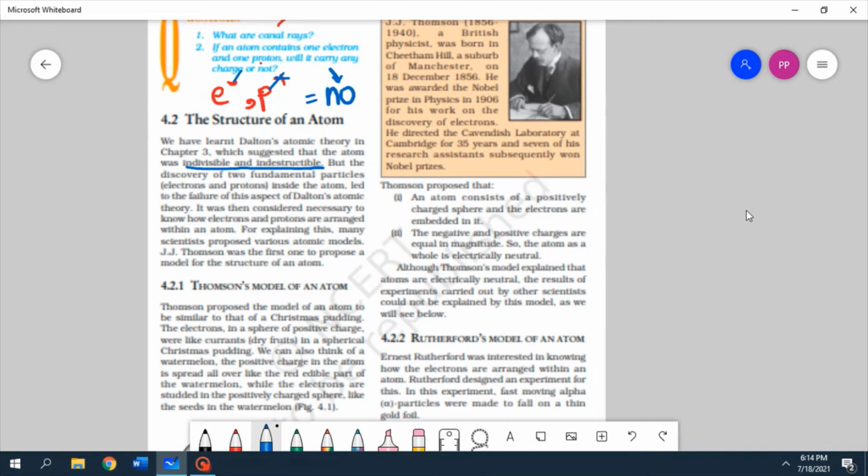All this while they thought an atom was just an atom, it wasn't divisible. But then suddenly they discovered electrons and protons, so everybody was trying to understand how an atom is structurally arranged.